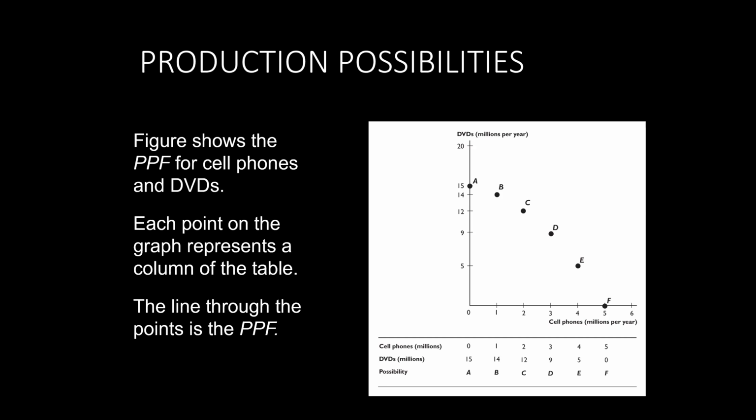And we have taken these combinations of the production of DVDs and cell phones, and by combining all these combinations we got the production possibility frontier, represented by the blue line.